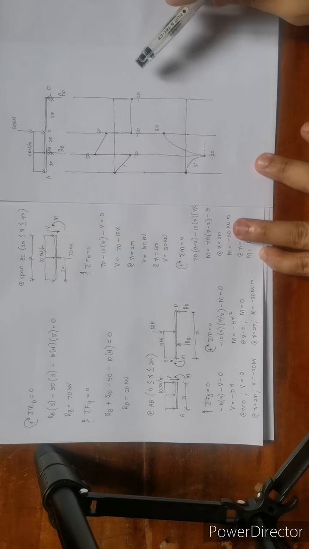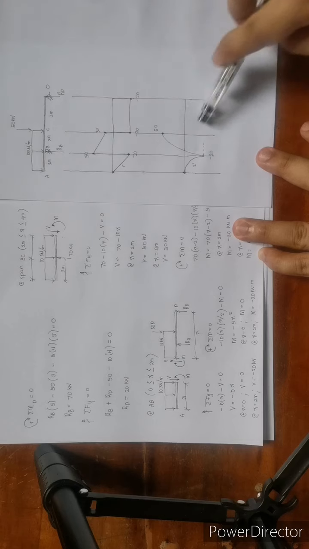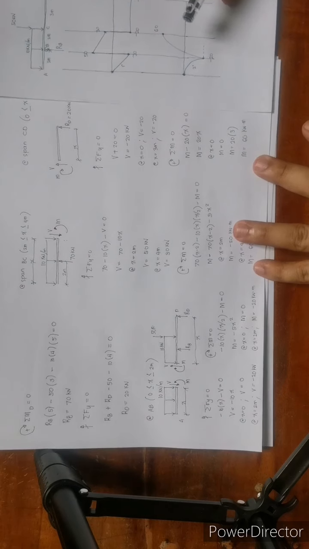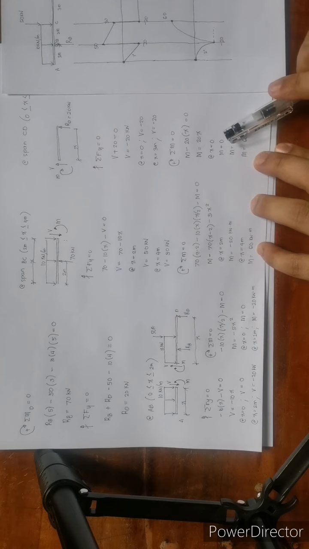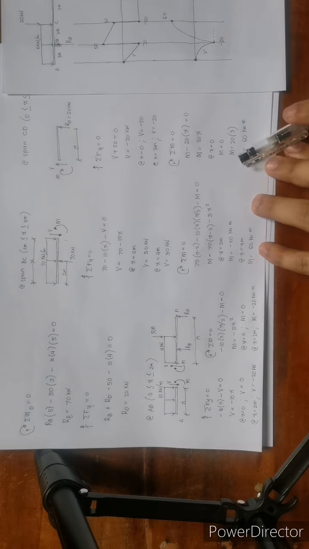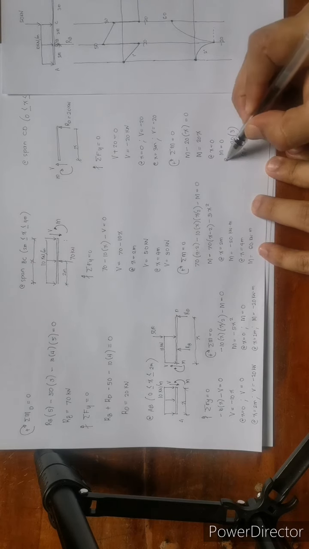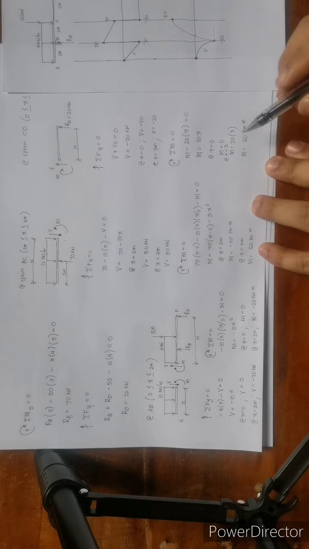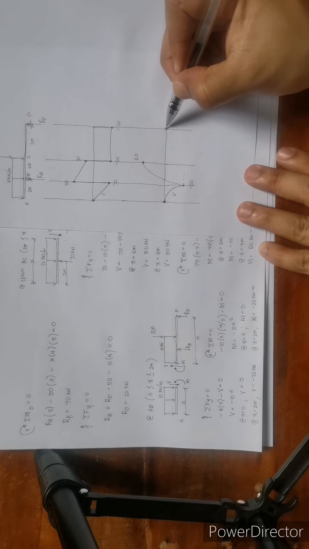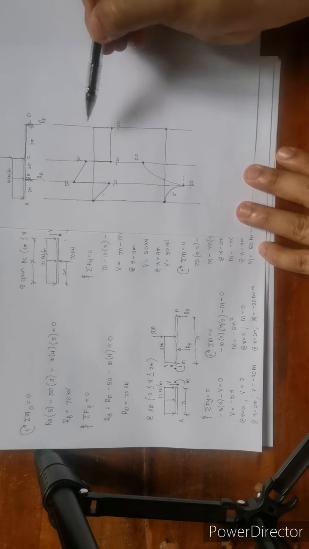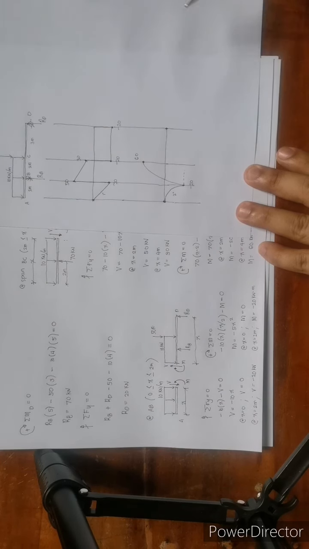Okay, last one. Yung point naman ng moments natin kay span CD. Nasa span CD natin. At x equals 0, moment is 0. And then, at x equals 3, hindi natin naisama kanina, moment is 60. So, at x equals 0, moment is 0. At x equals 3, moment is 60.